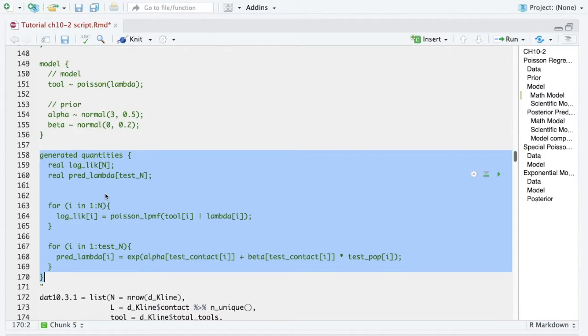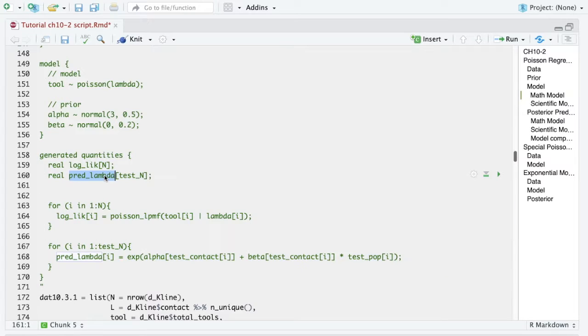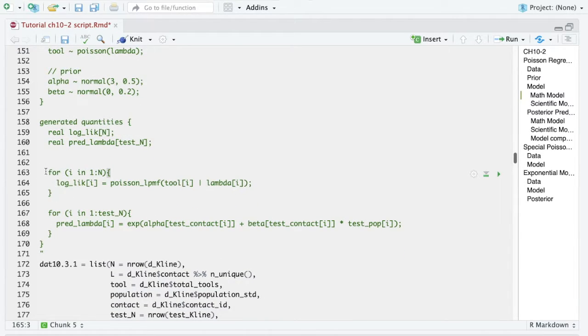The new things are in the generated quantities block. So firstly, we not only need the log likelihood, we also need to calculate the prediction lambda. So we declare a real vector of length test n of prediction lambda. And in the first part, we calculate the log likelihood just like what we did previously, but now we have the Poisson LPMF function, and we compare the real training output tool i with our predicted lambda i, to see the likelihood value.